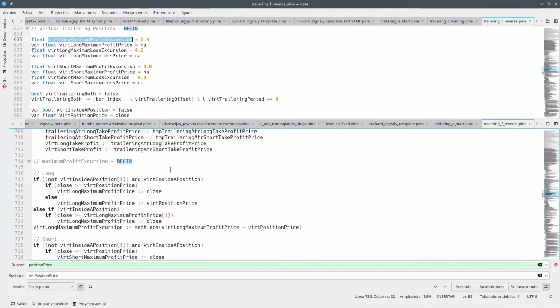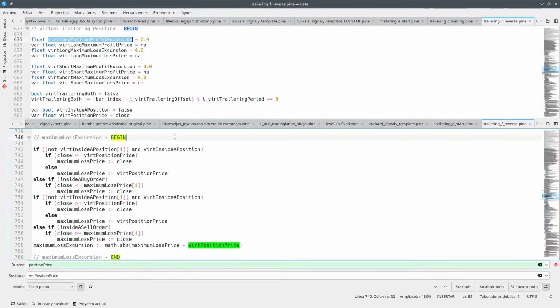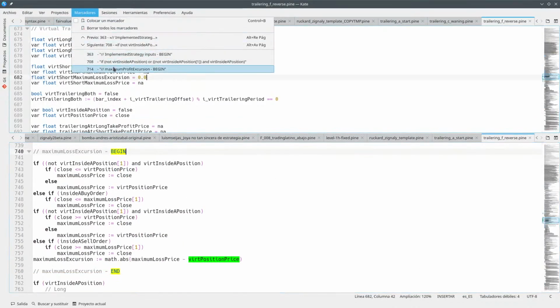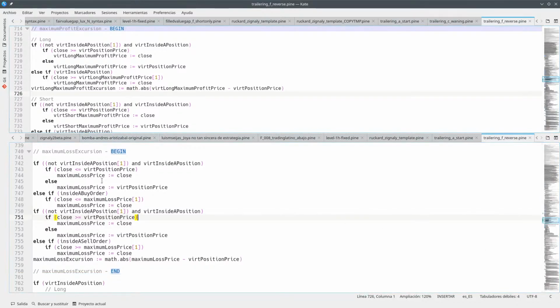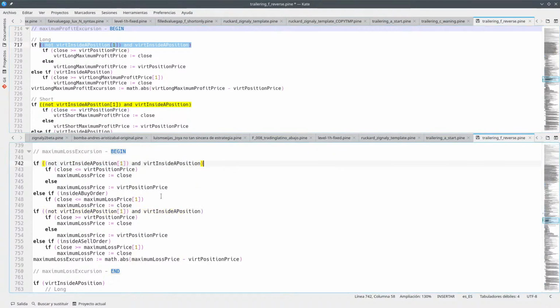So let me copy whatever we need here so that it's easier. So what we need here is think about not being and then being into the position, which is found in many places, like here.